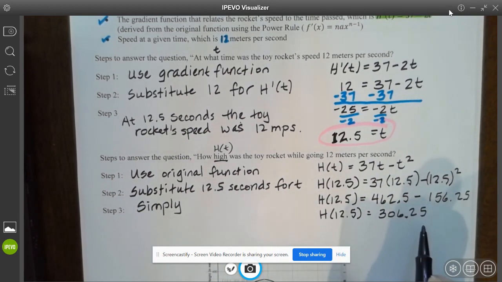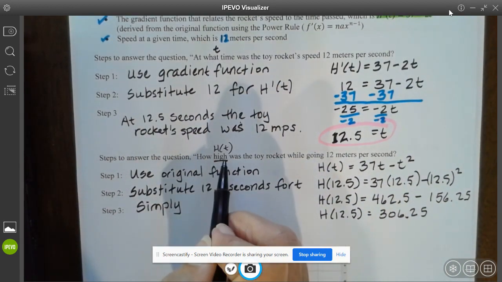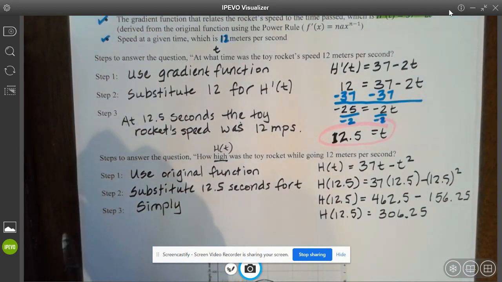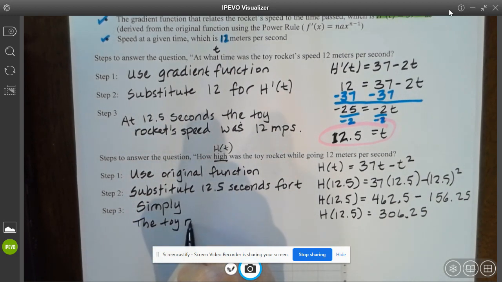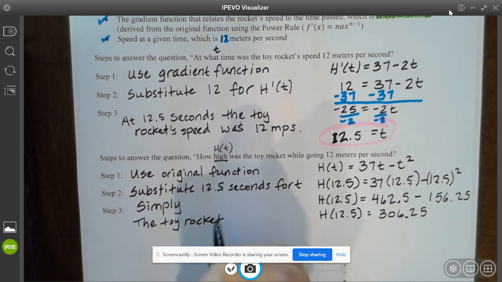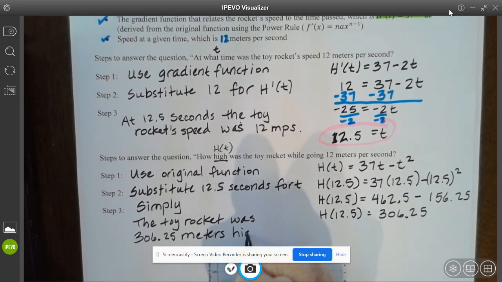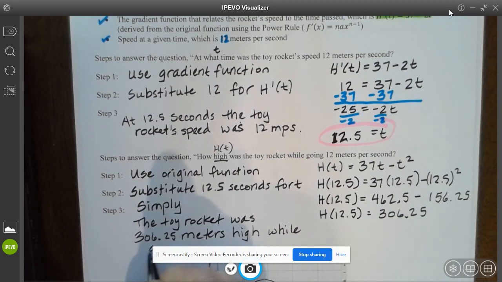So let's write this in a sentence that reflects the question. How high? So I'm going to say it different. The toy rocket was 306.25 meters high while going 12 meters per second.